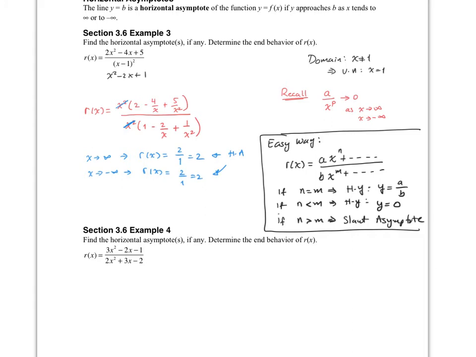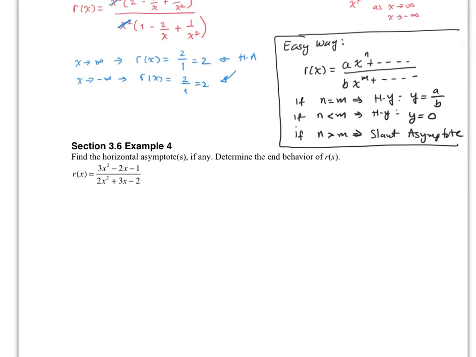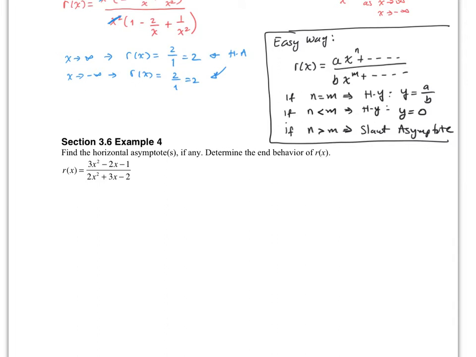For example, for the next example, example 4, you can see that the highest degree is 2, so they have the same degree, so it will be the first case. So therefore, the horizontal asymptote is going to be just y equals 3 over 2. And that's it.